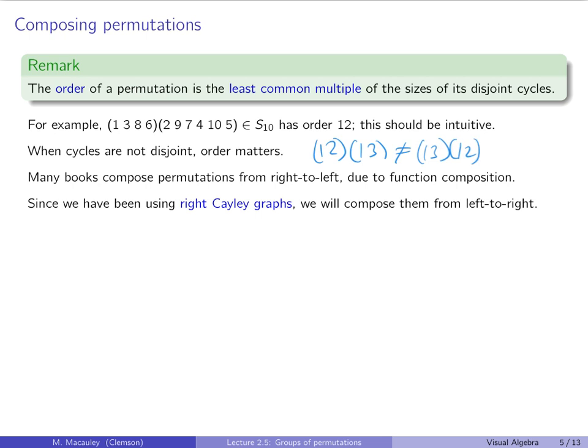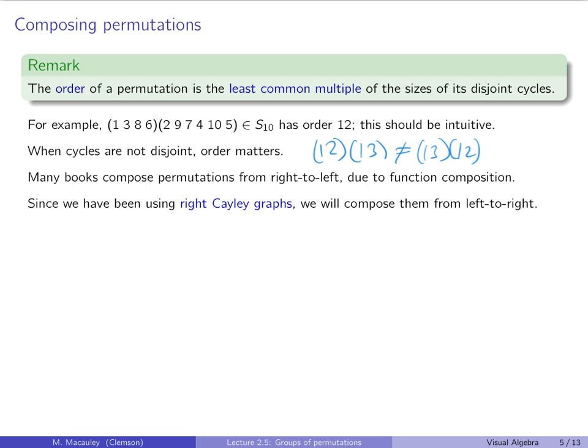Now, this is an important thing to note. Many books compose permutations from right to left due to function composition. And there's good reasons to do this. In this book and video series, I have been using right Cayley graphs, where multiplication is left to right. And it would only make things more confusing if I switch that up and do permutations right to left.